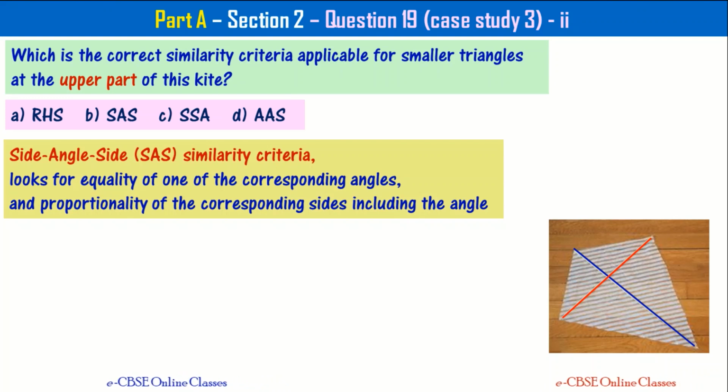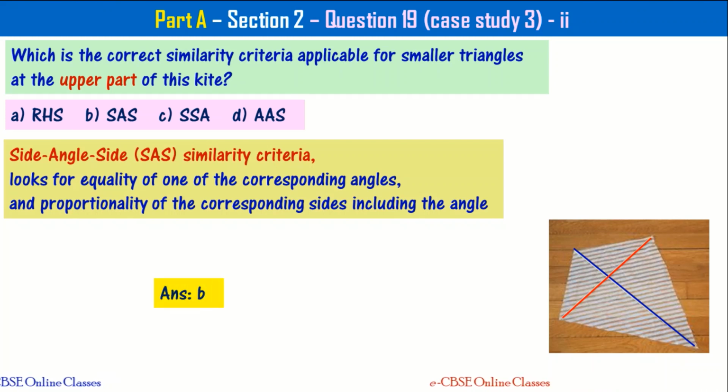In this particular case, let's say that the 90 degrees angle is the angle we are looking for and the corresponding sides are proportional. That's why SAS criteria is more applicable for this particular kind of problem. And interestingly, other choices given are not related to similarity criteria of triangles anyway. So it is fairly easy to choose choice B as the answer.